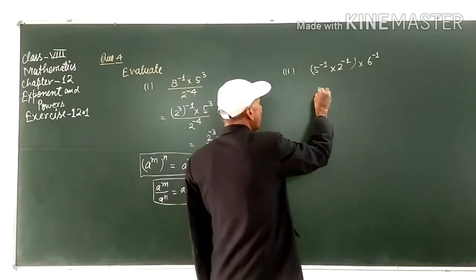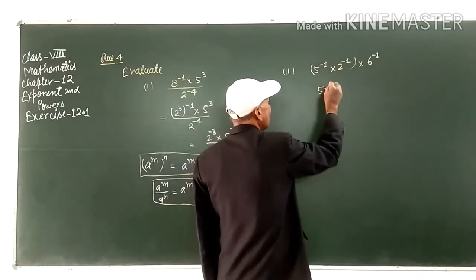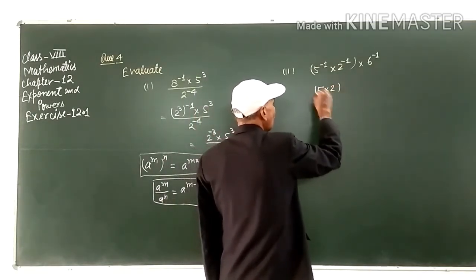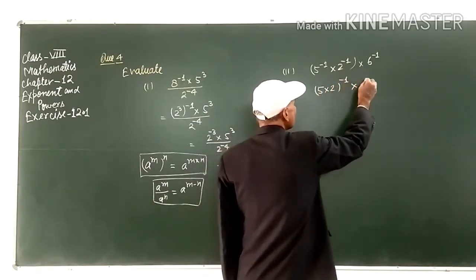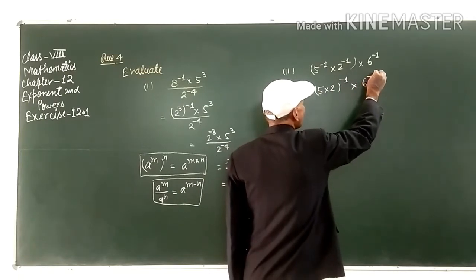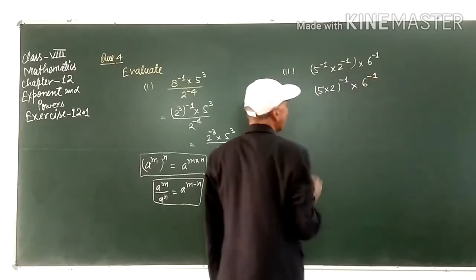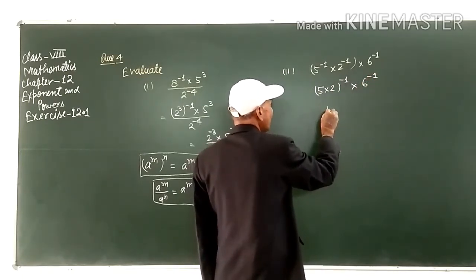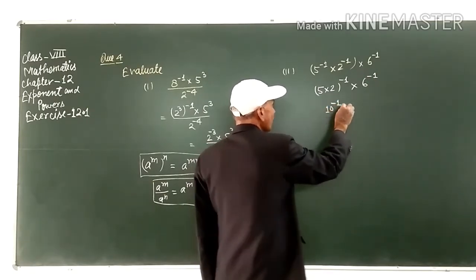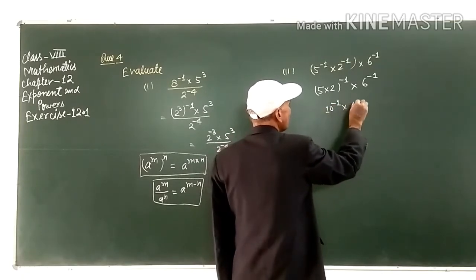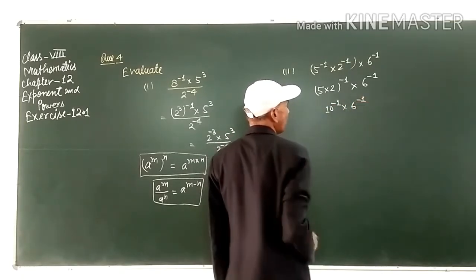So we have to write 5 into 2, whole power minus 1, into 6 to the power minus 1. So it will be 10 to the power minus 1 into 6 to the power minus 1.